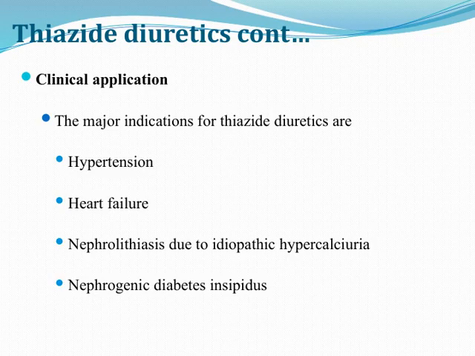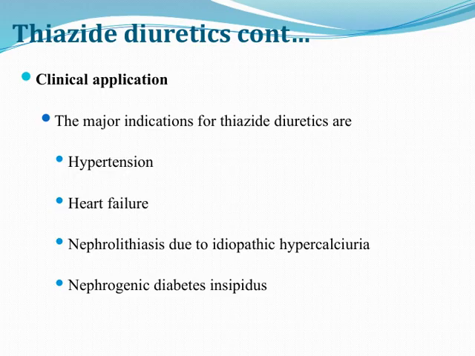Now, let's take a closer look at the clinical applications of thiazide diuretics. The main reasons we prescribe these medications are quite significant. First, they are widely used in the management of hypertension, helping to lower blood pressure effectively. Next, they play a role in treating heart failure by reducing fluid overload and alleviating symptoms.